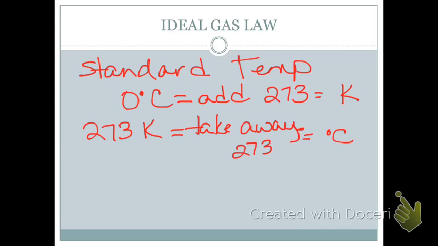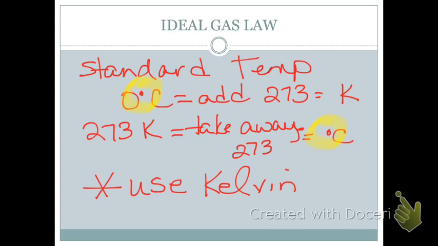And that is going to give us degrees Celsius. Remember that the unit for Celsius has a degree, whereas the unit for Kelvin does not. Now, we're talking about the ideal gas law. And in the ideal gas law, generally, we only use Kelvin. We use Kelvin for our units in describing the temperature, and we use Kelvin for doing our calculations.